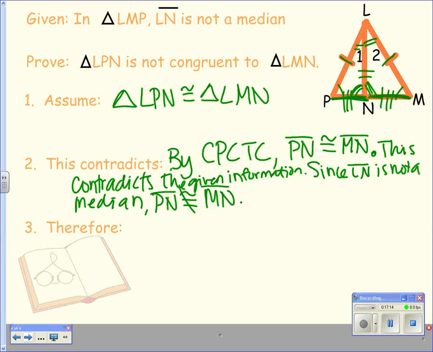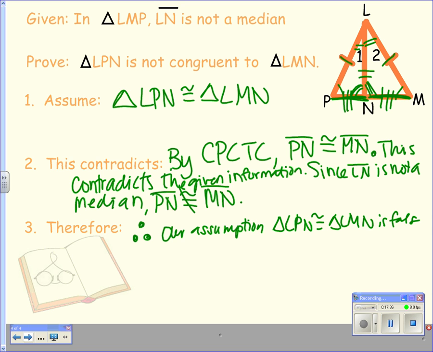Therefore, what? So our assumption that the two triangles are congruent is false. So the triangles are not congruent. Does that make sense?